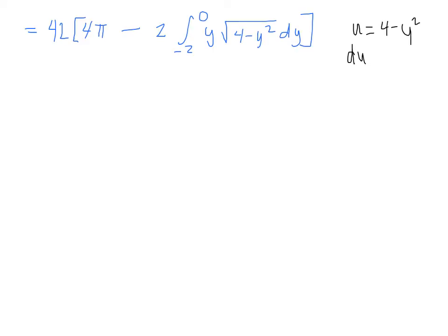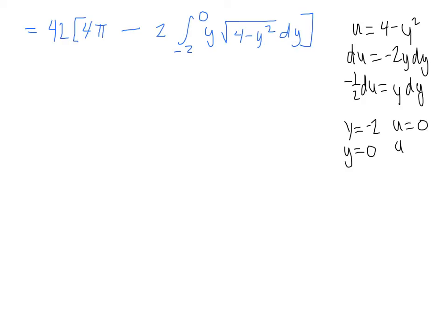So du is -2y dy, or -1/2 du is equal to y dy. You also need to change your bounds. So if y is equal to -2, u is equal to 0. And if y is equal to 0, u is equal to 4.